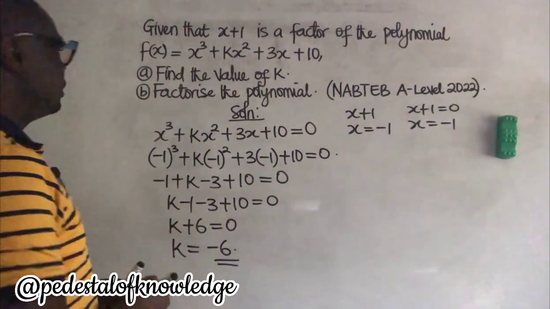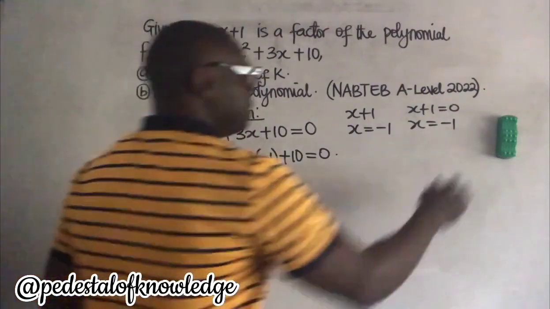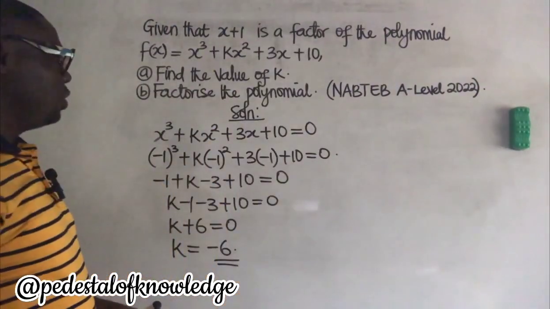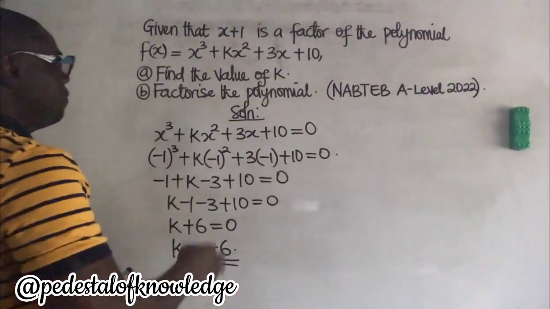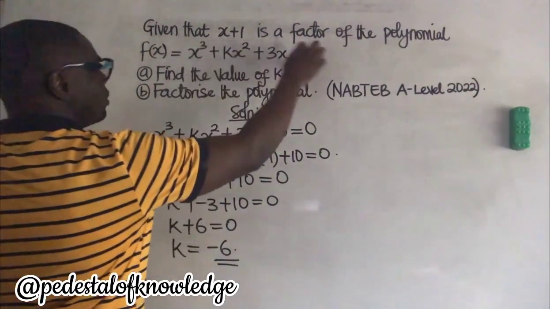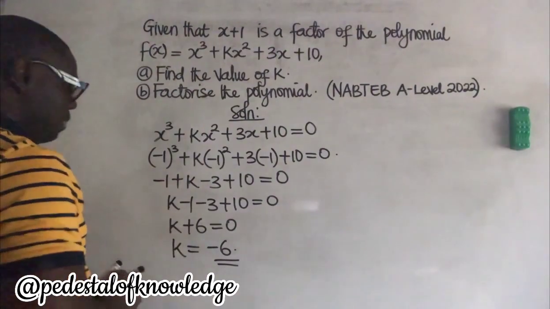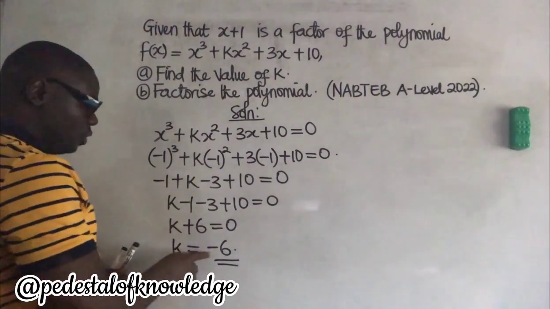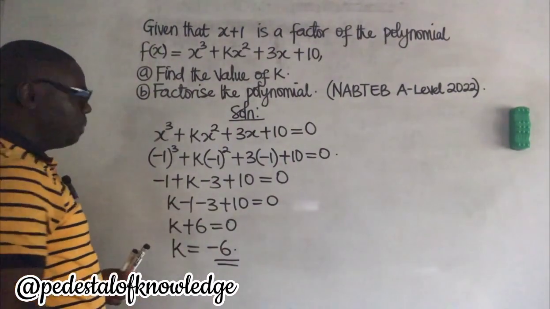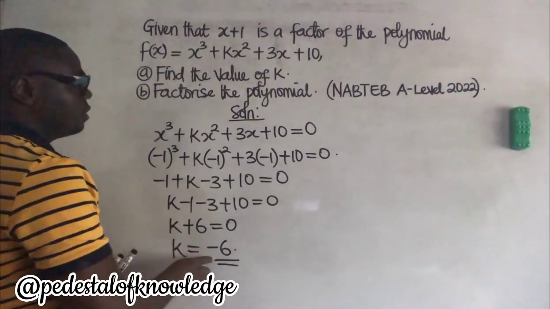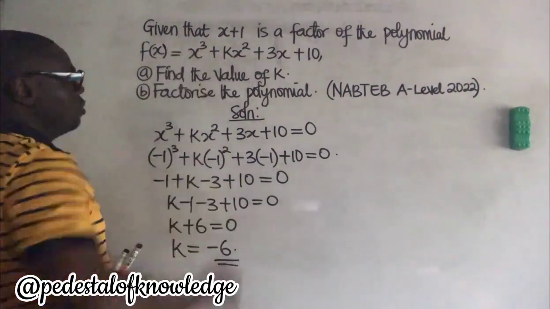Now, it says factorize the polynomial. Okay, now to factorize the polynomial, what we need to do is to divide this polynomial by one of the factors given to us, which is x plus 1. Now remember that since we have gotten k equal to minus 6, we are now going to replace k equal to minus 6 in the polynomial itself.